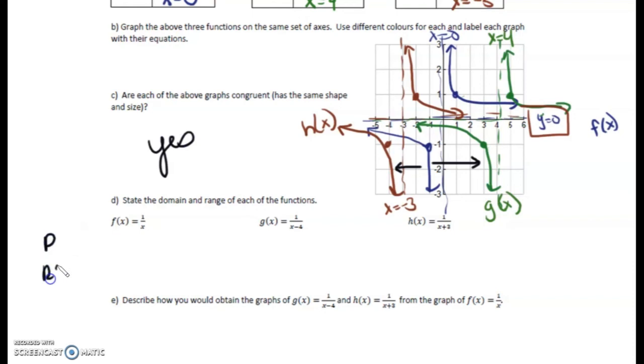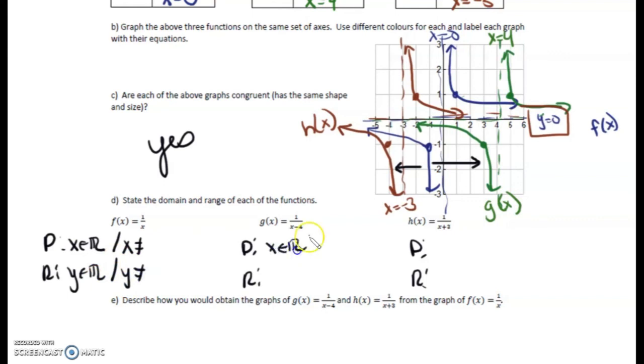And now I'm going to show you how to set up the domain and range. Okay, we're going to start by saying x is an element of the real number system such that x does not equal. Every single one is going to be set up like this, and the range is going to be set up as y is an element of the real number system such that y does not equal.